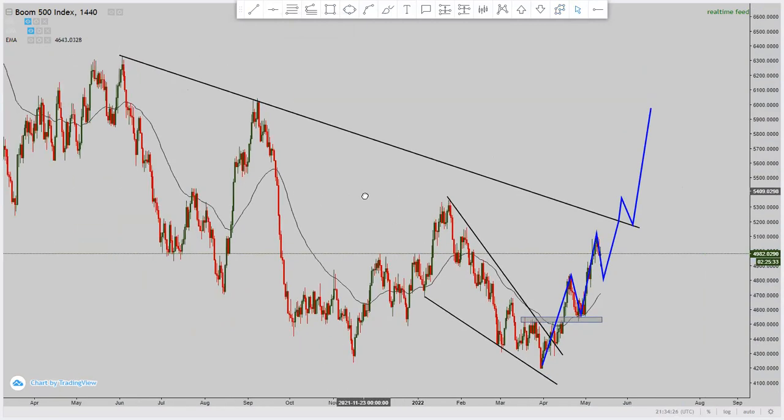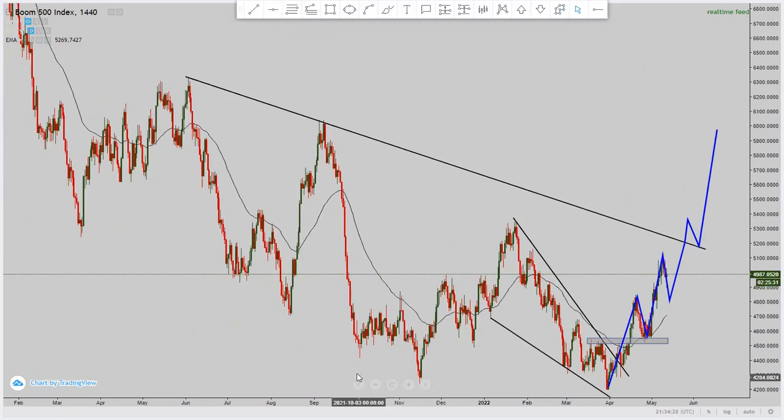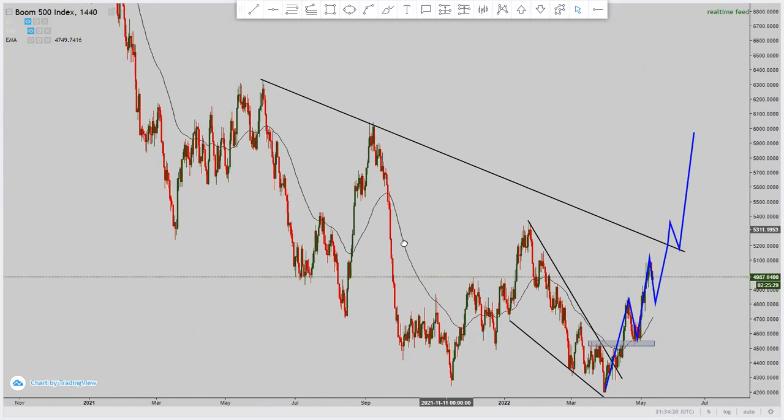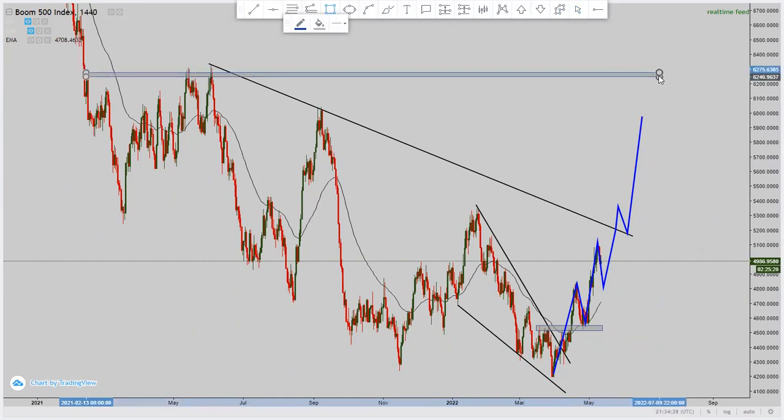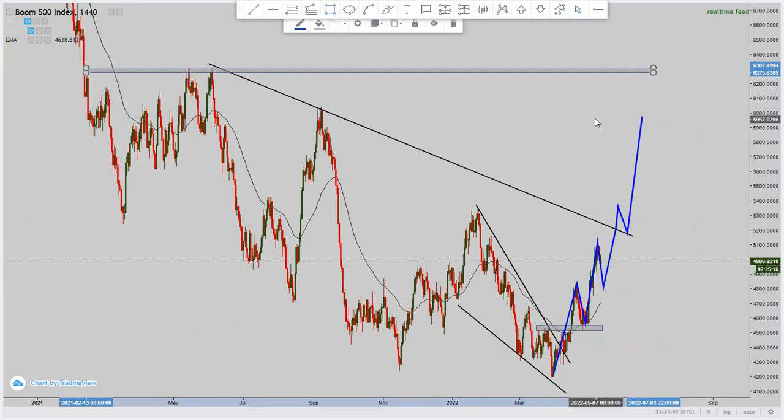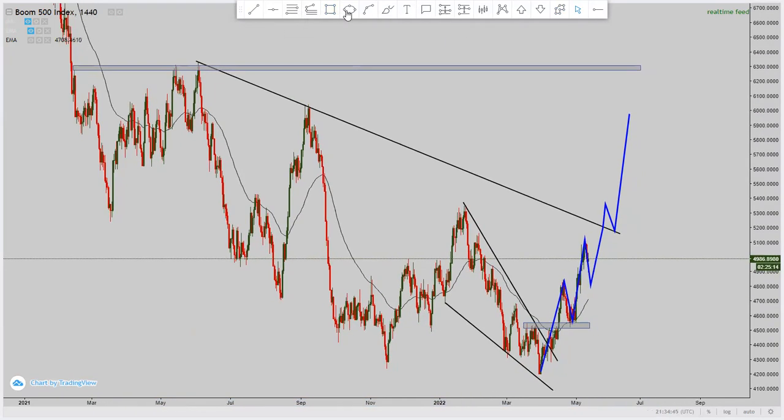Boom 500, we are in an uptrend. This is more for people who are afraid of catching ticks. Boom 500 is the safest thing that you can look at right now. For people who are afraid to catch ticks, like for example, right now Boom 300, it's all ticks. Crash 500, it's all ticks since we're in an uptrend.